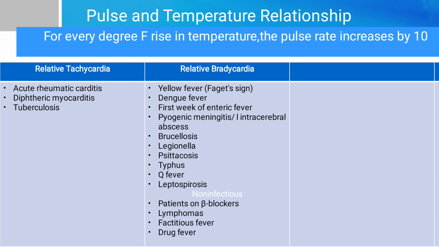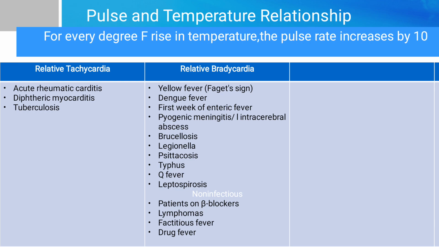Similarly, relative bradycardia is a condition in which for every 1 degree rise in temperature, the pulse rate does not increase by 10. Relative bradycardia is seen in yellow fever, dengue fever, patients with typhoid or enteric fever in the first week, patients with pyogenic meningitis, intracerebral abscess, conditions like brucellosis, legionella, psittacosis, typhus, Q fever, and leptospirosis.